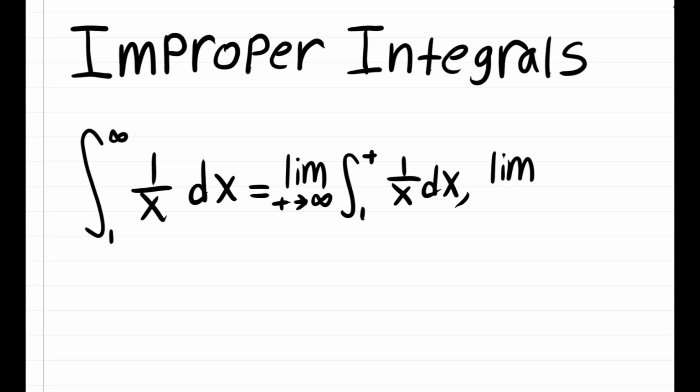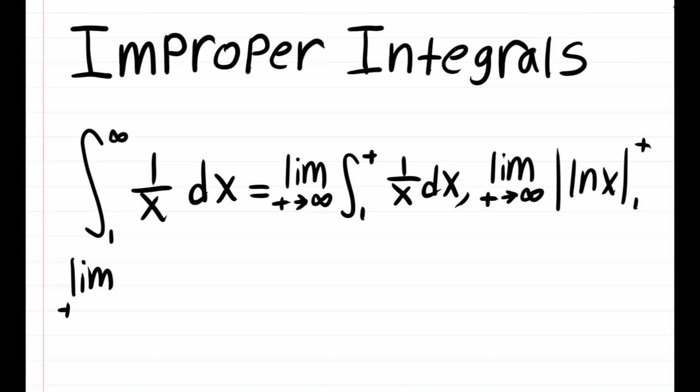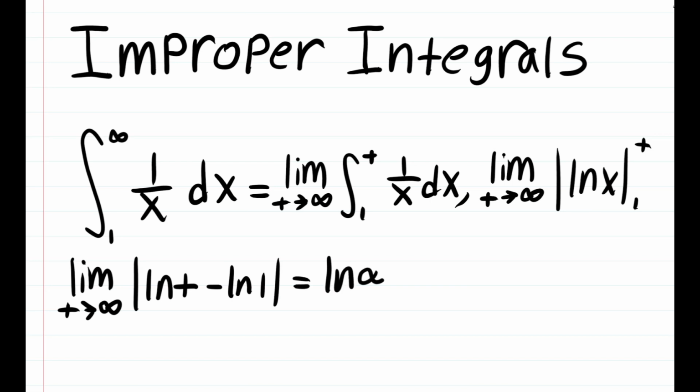In each step, we have to keep our limit because we do not want to have infinity as the upper bound of our integral. So our next step, we would get ln of x from the bounds of 1 to t, and then we would get the limit of t approaching infinity of ln of t minus the ln of 1, which is equal to the ln of infinity minus the ln of 1.